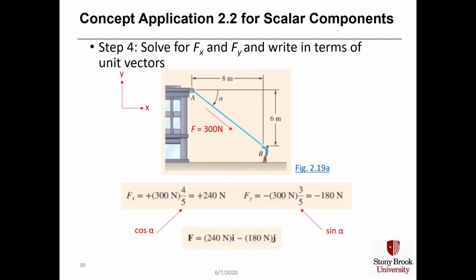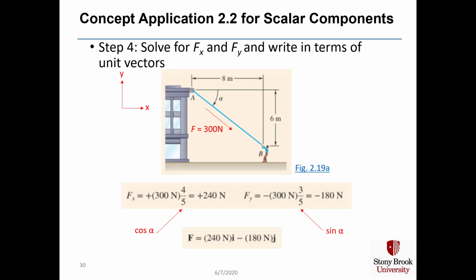In step 4, we solve for F sub x and F sub y, their magnitudes, and write it in terms of the unit vectors. F sub x is equal to 300 newtons times cosine alpha, or 4/5, that's equal to 240 newtons, and F sub y is minus 300 newtons times sine alpha, that's 3/5, which is minus 180 newtons.